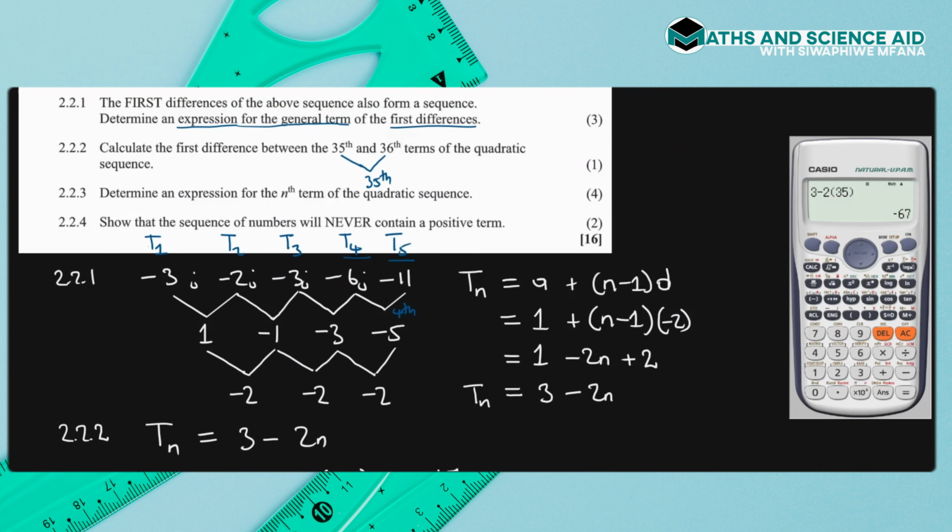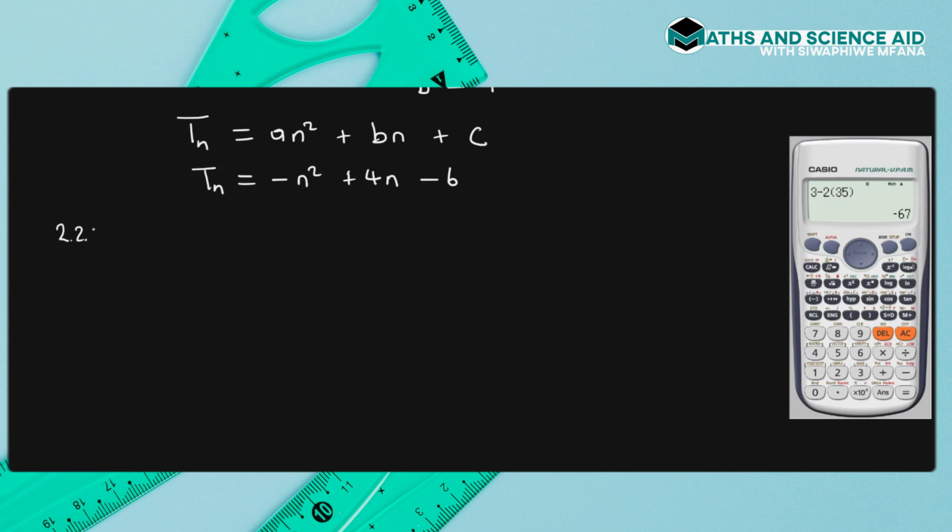And here we need to show that the sequence of numbers will never contain a positive term. So the idea is that you can treat this as a quadratic function.